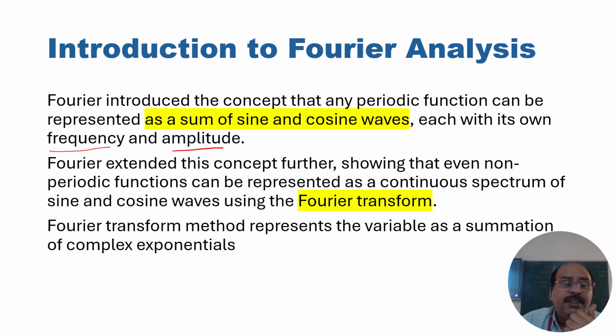Here we have the Fourier transform, where sine and cosine waves can be converted into Fourier transforms. Fourier transform is a method that represents the variable as a summation of complex exponentials.